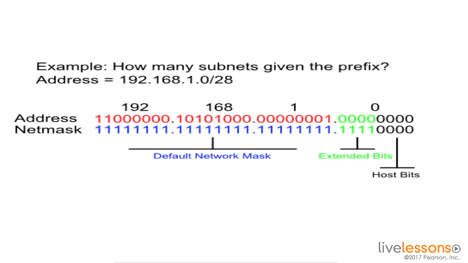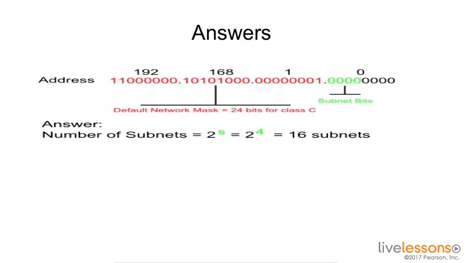Let's see this example. Here we can see that our default network mask is a /24 because it takes up 24 bits. The extended bits are our 4 subnet bits. So if we follow our formula, we have 4 subnet bits, so the number of subnets that we can support is 2 to the power of 4, or 16.